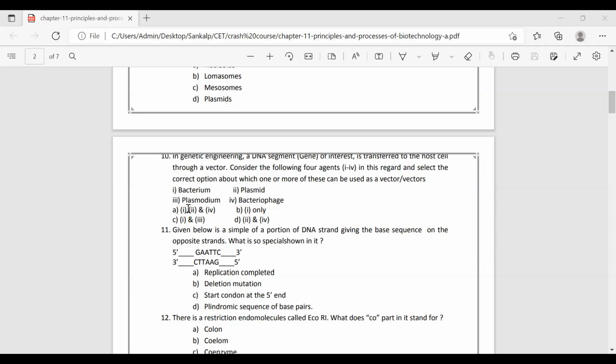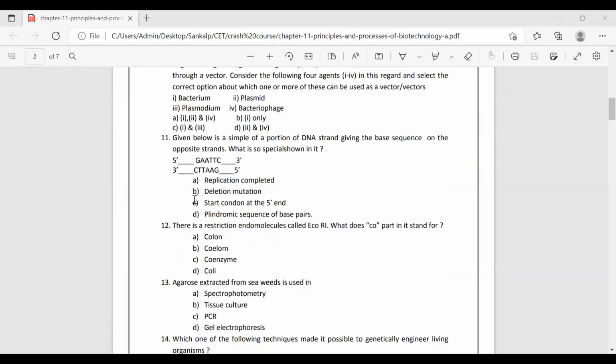But plasmodium is a protozoan which causes malaria. That is not related. Bacteria acts as a host cell. So here the correct answer is option D. I think Bhairesh answered it correctly. You said option D only, no? Yes, ma'am.